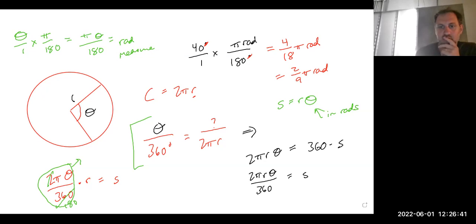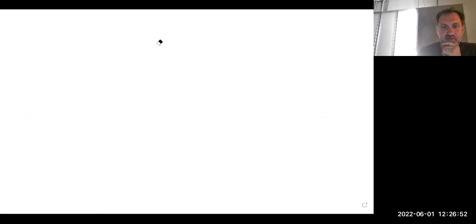Okay, so let's take a look at the next problem up, which is essentially similar. That was arc length. This is sector area. Sector area is the same principle. We have a circle.